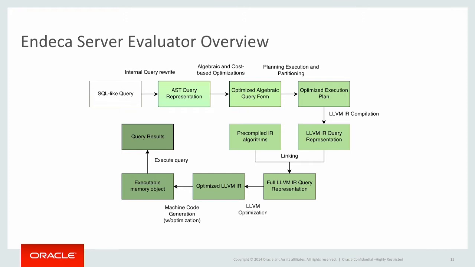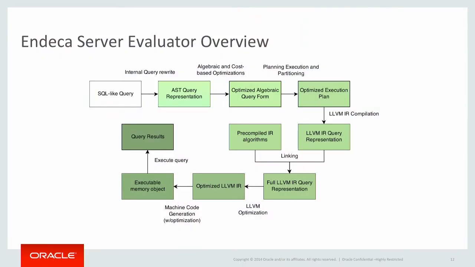Now, the Eve piece, the Endeca virtualization engine that I talked about, is basically a relational algebra. So we can do a lot of optimization based on algebraic properties of the AST. Once that optimization is done, we plan the execution and do the partitioning. The partitioning is necessary because we are data parallel.